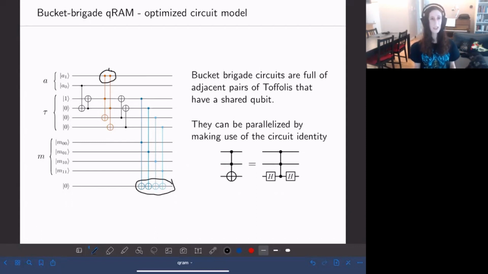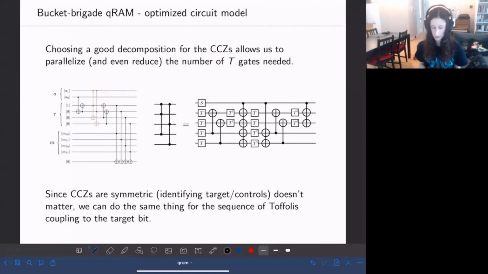You can make some really neat simplifications when you have Toffolis that share a qubit. One thing they did was turn all of these Toffolis into controlled-Z, a CCZ gate. The ordering of the target and control qubits doesn't matter, so you can turn this set of Toffolis into a set of CCZs that all share a control.